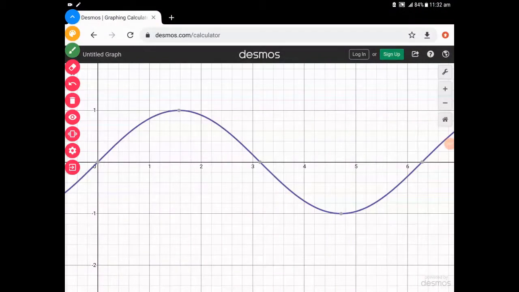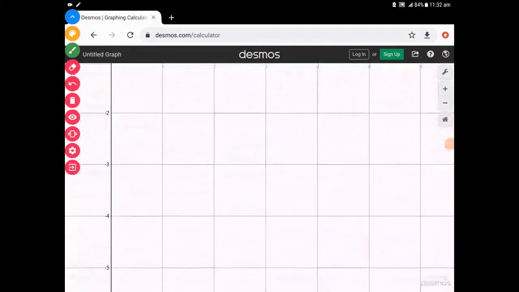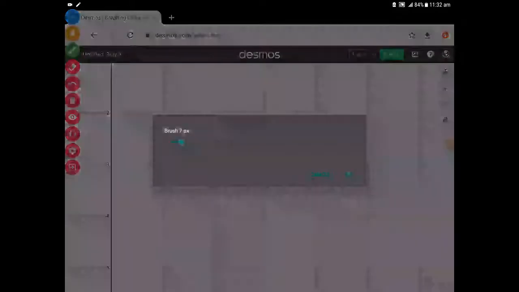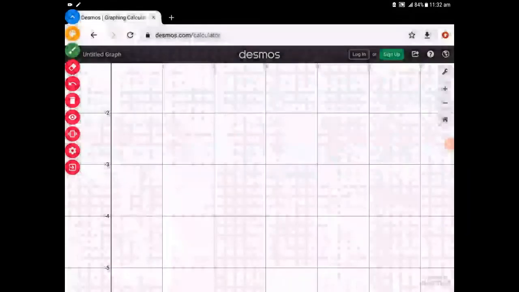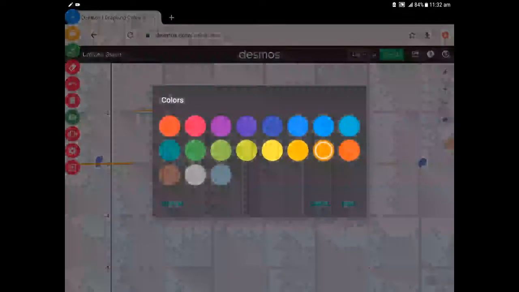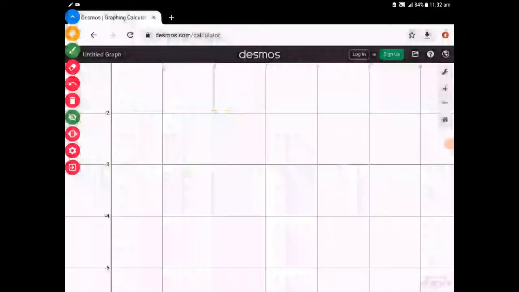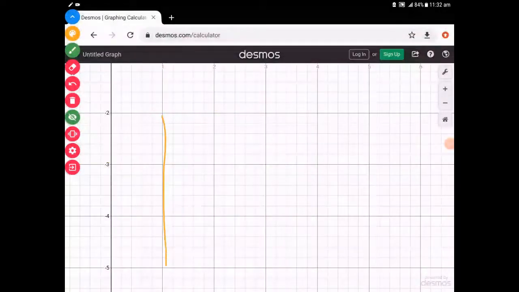Before doing this, I want to make one thing clear to you. Suppose there was a line like this. Okay, not like that, a straight line. It's not straight, but you can just imagine it to be straight.